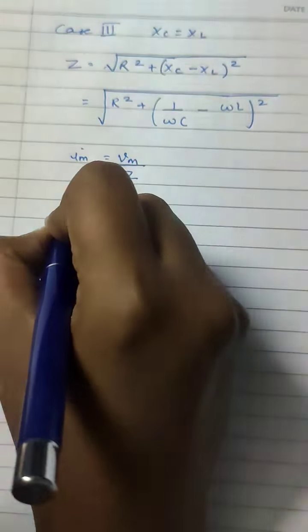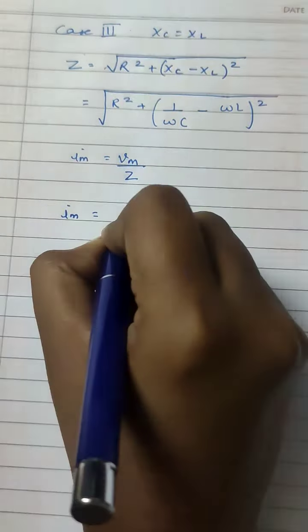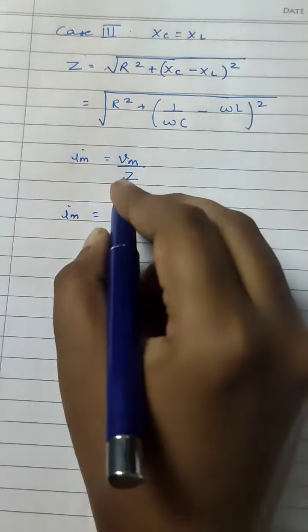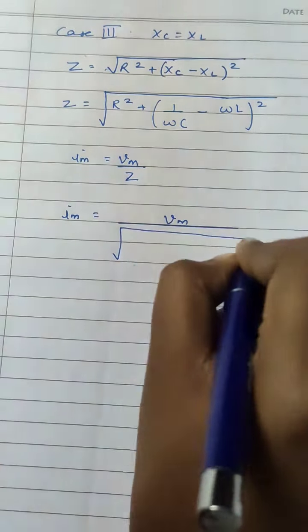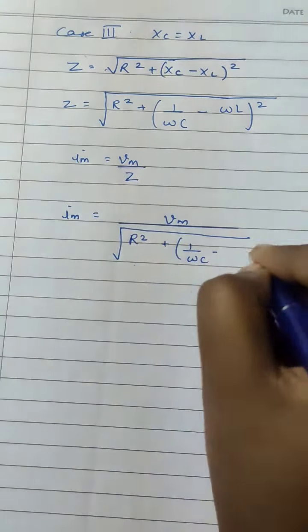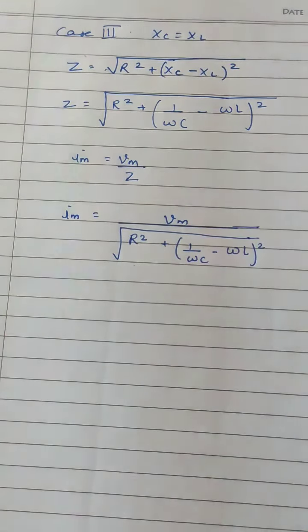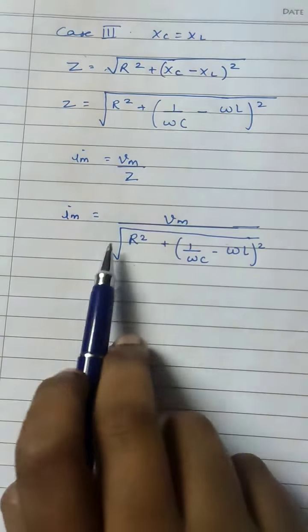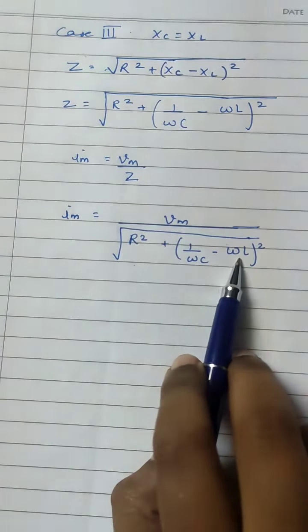So Im is equal to Vm divided by Z, and substituting for Z, we get Im equal to Vm upon the root of R squared plus (1 upon omega C minus omega L) the whole squared.